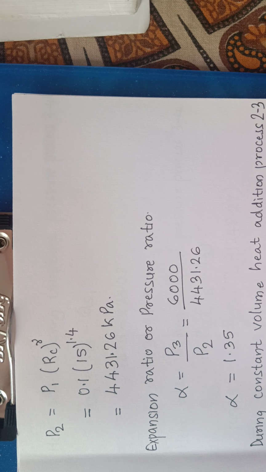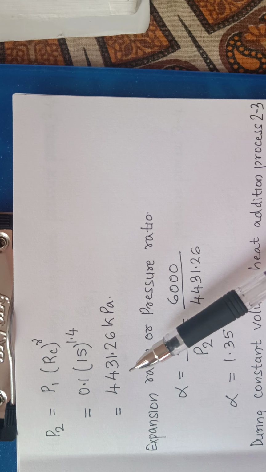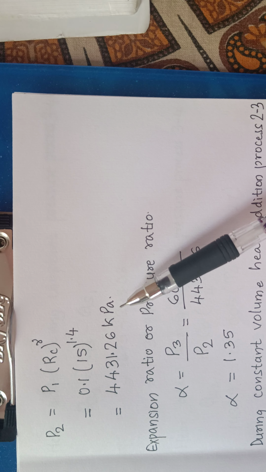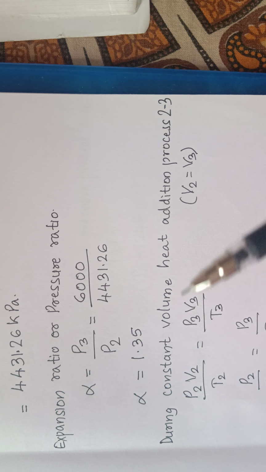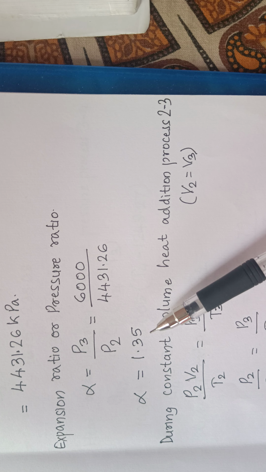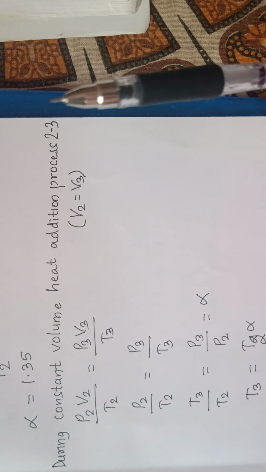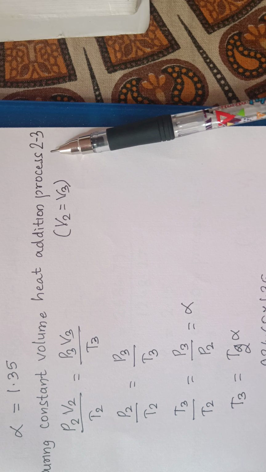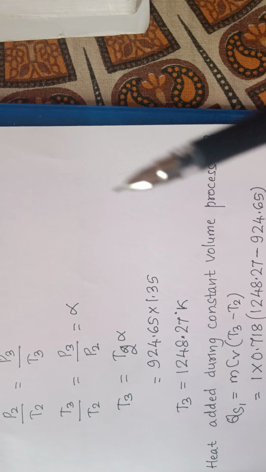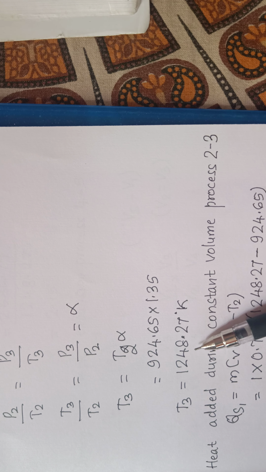P2 will be equal to 4431.26. After finding out the value of P2, I have found out the expansion ratio. It is 1.35. Then I have taken the constant volume heat addition process 2 to 3 and calculated the value of T3.